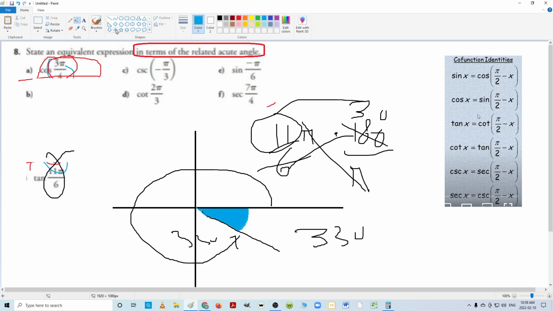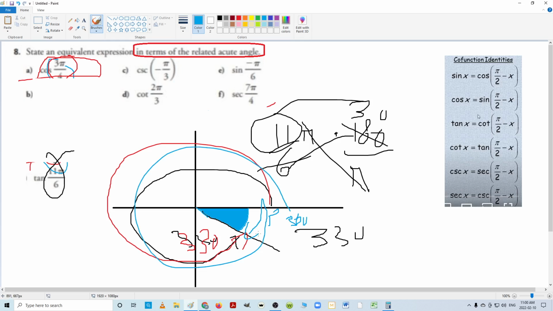The red is the principal angle, 330 degrees. How much is left in this blue acute angle? Well, it's 360, which would be the full way around, and then go back to 330. 360 minus 330 is 30. That means this acute angle is 30.